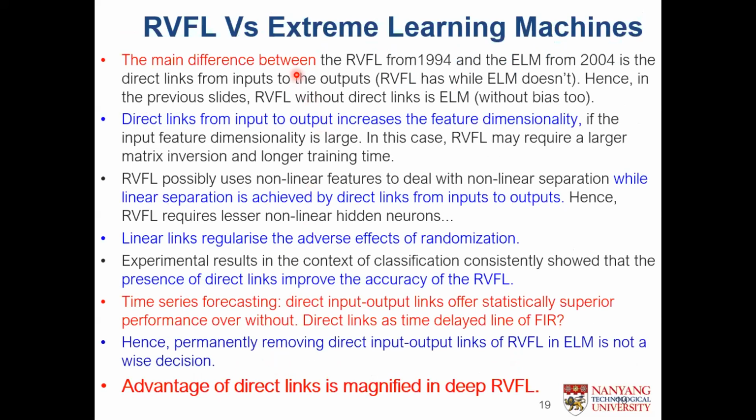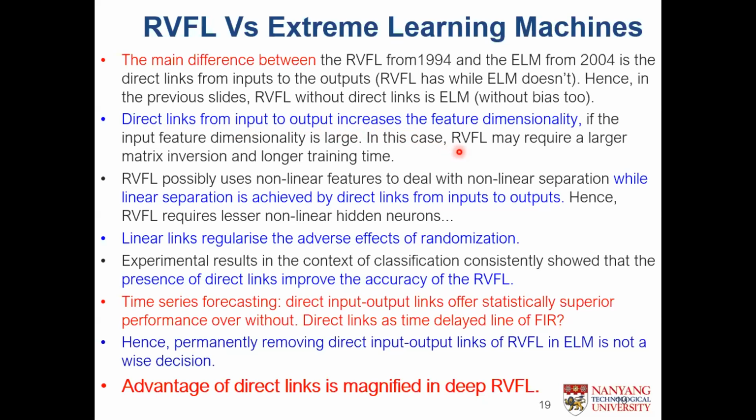And the comparison between RVFL and ELM: the main difference between RVFL from 94 and the ELM from 2004 is the direct links. RVFL has the direct links while ELM doesn't have them. So the disadvantage of direct links is that when we have direct links, obviously the input dimensions are increasing and the matrix inversion will have a higher dimensionality to manage.